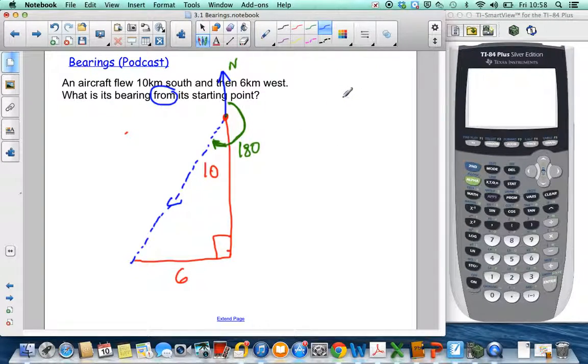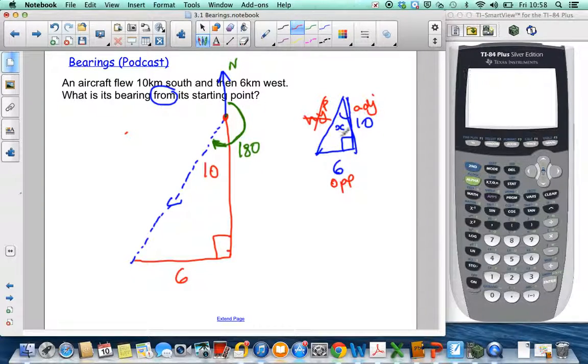It's often a good idea to just isolate the triangle that you're looking at. We know that this is 10. We know that this is 6. And we're trying to find this angle here. Let's call it x. So don't skip any steps, remember. Start with labeling the sides: hypotenuse, opposite, adjacent.